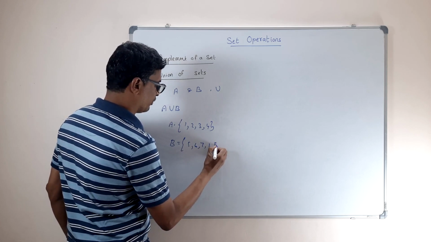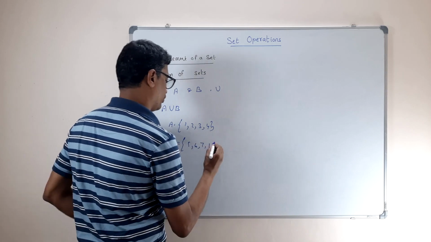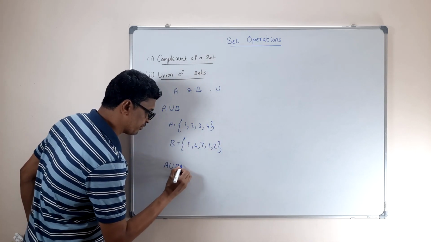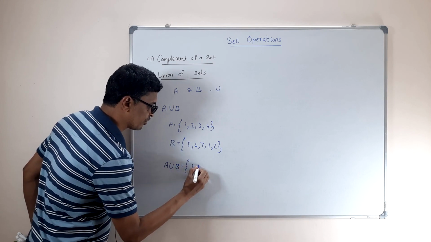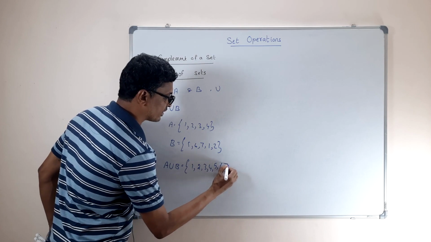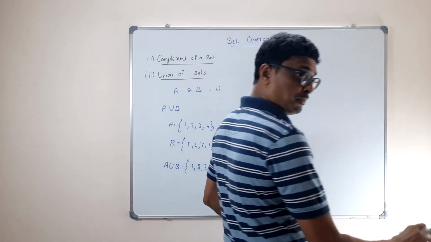Can you tell me what is A union B? 1, 2, 3, 4, 5, 6, 7. Simple. Shall we see the Venn diagram?